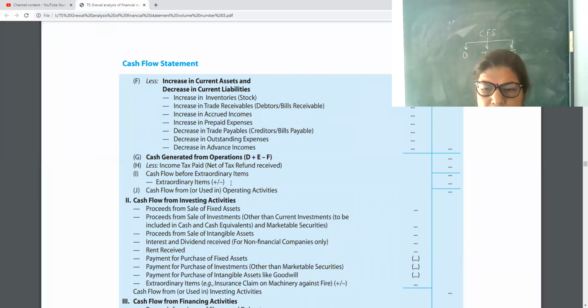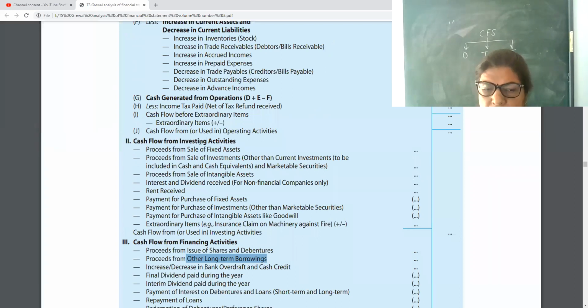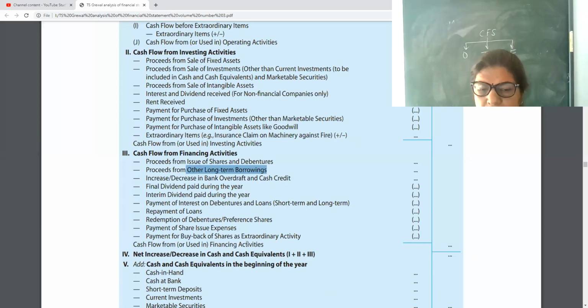So when we add these three, what are these three? First from operating, second from investing, third from financing. The final result will be known as net increase or decrease in cash and cash equivalents in the outer column. Means the final result will be here.